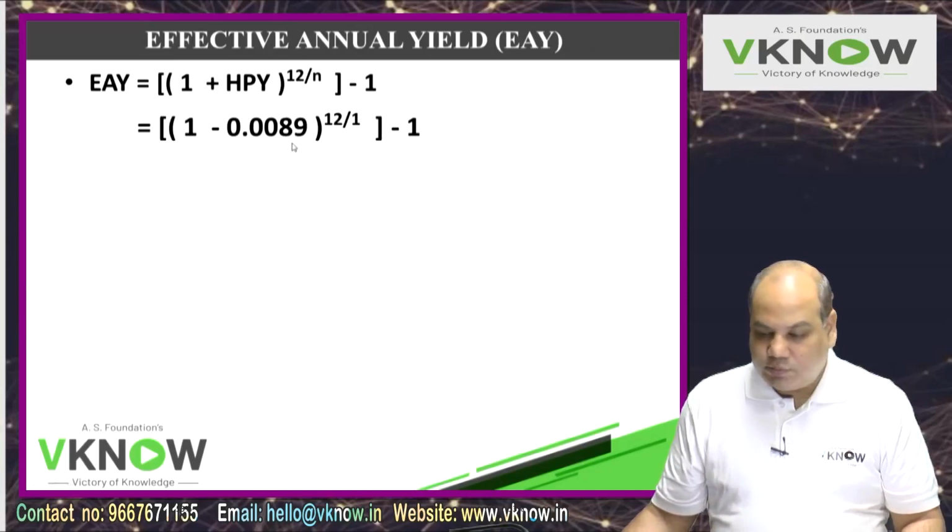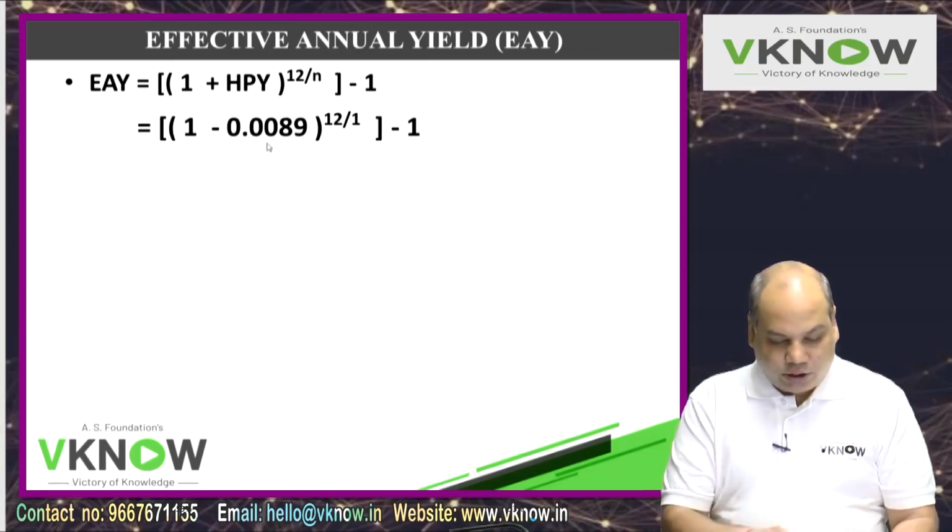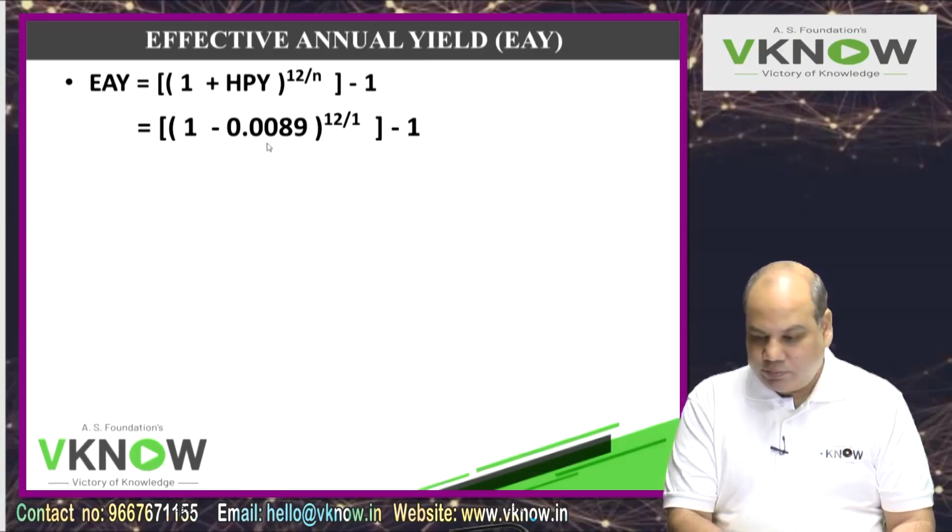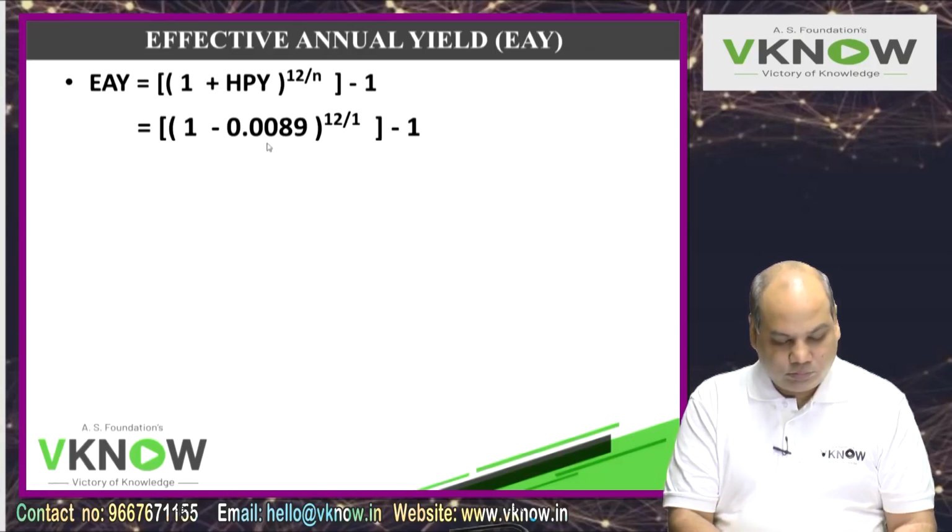So please solve this. First on your calculator, you take 1 minus 0.0089. After taking that, you take the power 12, pressing equal to 11 times, and then minus 1.